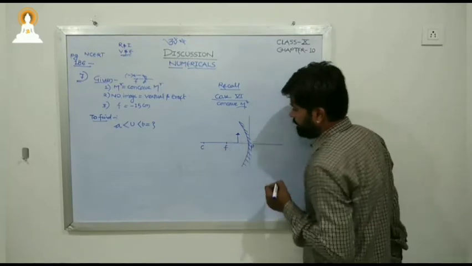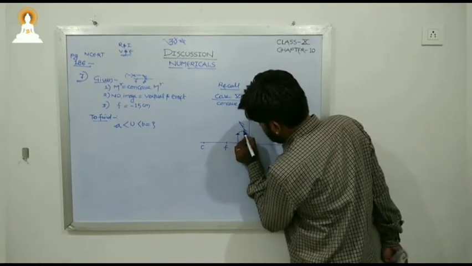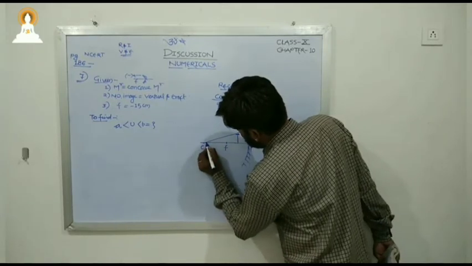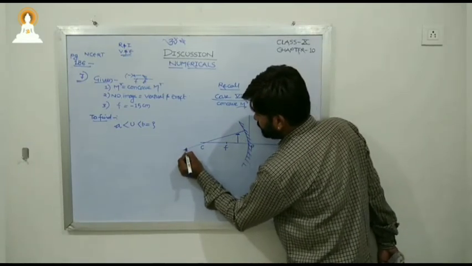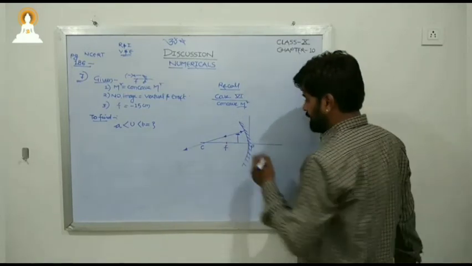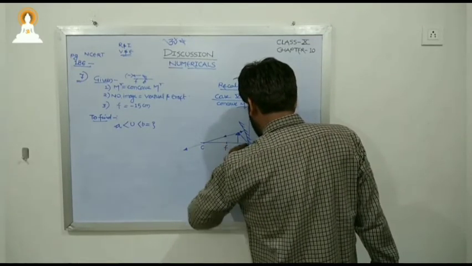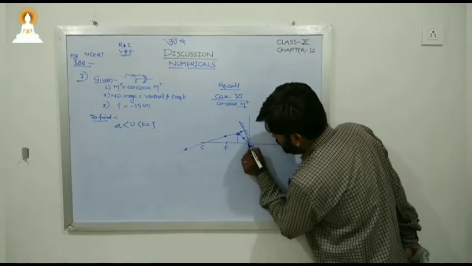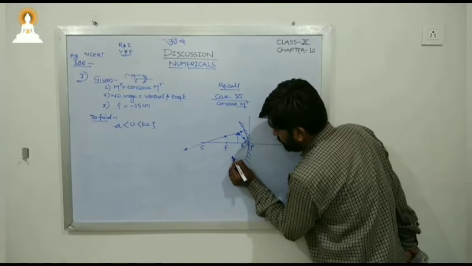The object is here. One ray strikes and passes through the center of curvature; this was the first one. The next one, the rule number 3, is when light falls over the pole, it moves with the same angle, both angles being equal, so it will move like this.